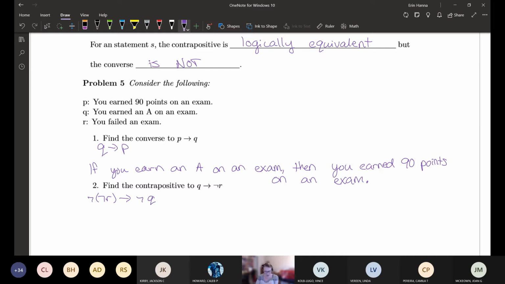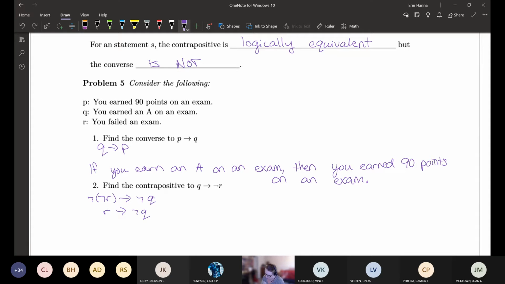Now, if you negate something that was already a not, it just becomes a regular old positive one. A double negative, even in English, is a positive. If you really wanted to write not when you wrote that out, you could, but I would just change it over to the positive.